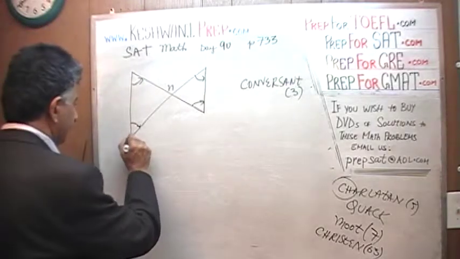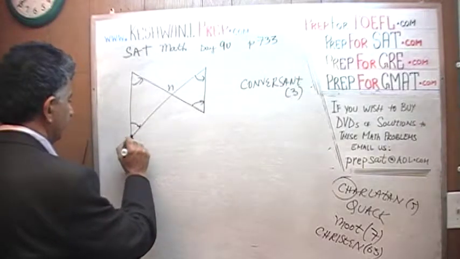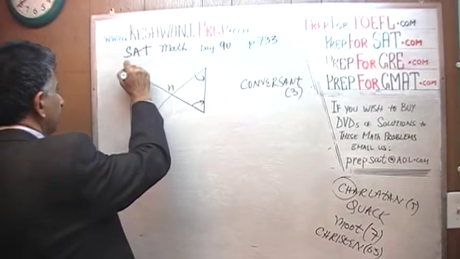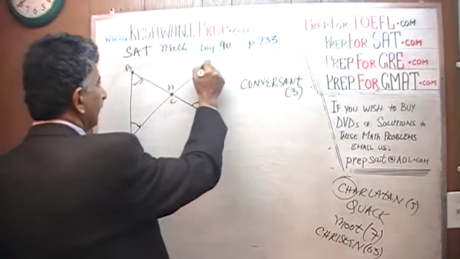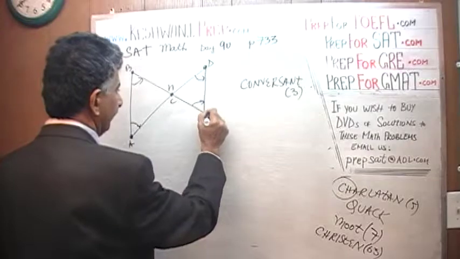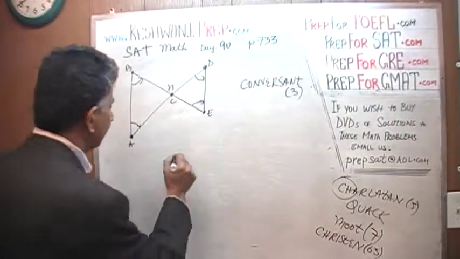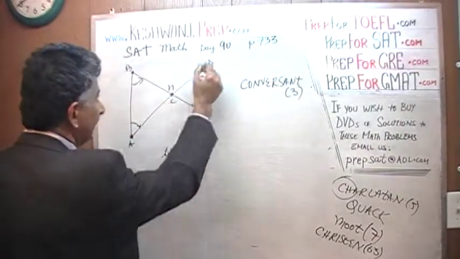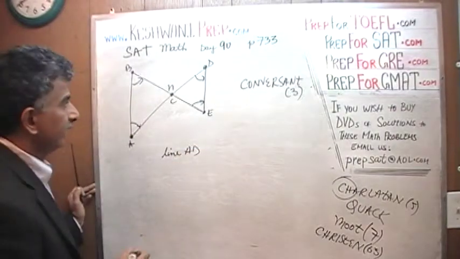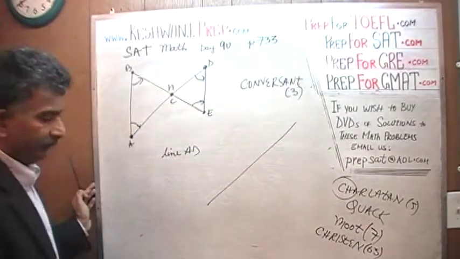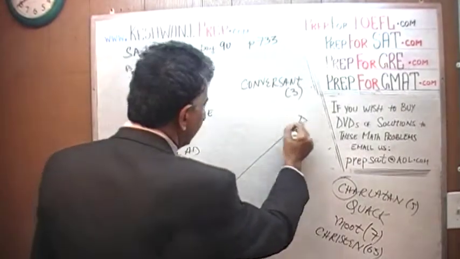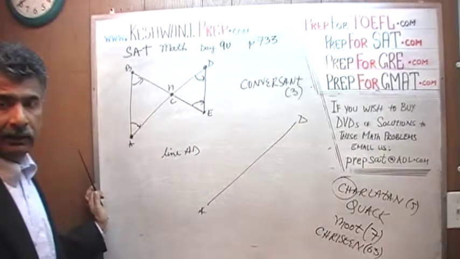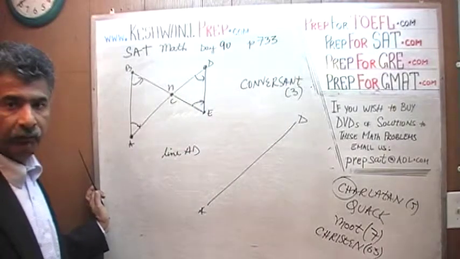If you look at this line here, let's give these points names. Let's call them A, B, C, D, and E. If you look at the line AD, it looks something like this: A to D. And what do we know about the degree measure of a straight line?